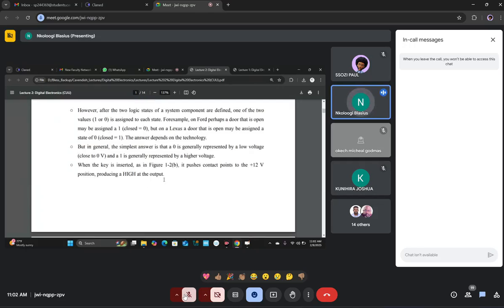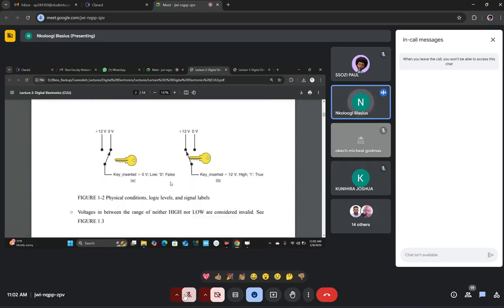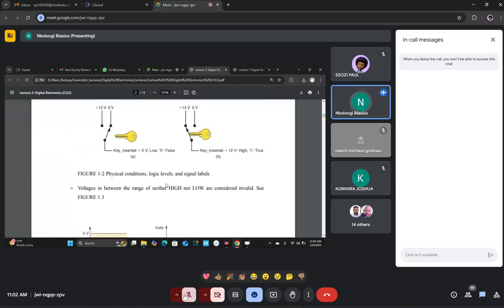Depending on the technology, if you have maybe looked at those hybrid cars where there are many automations, for example, even if you have pressed just a button somewhere and the door opens, or you have just inserted the key, and when they insert this key they set the signal to go to 12 volts.